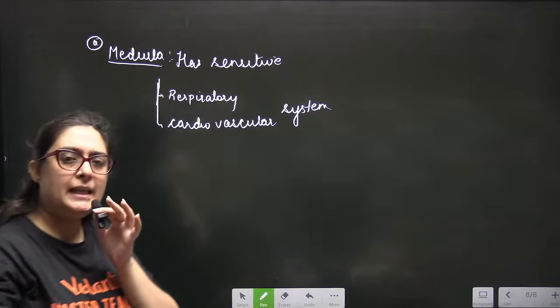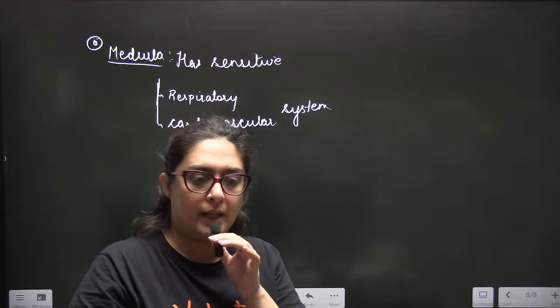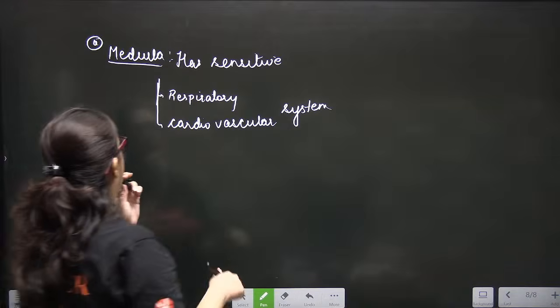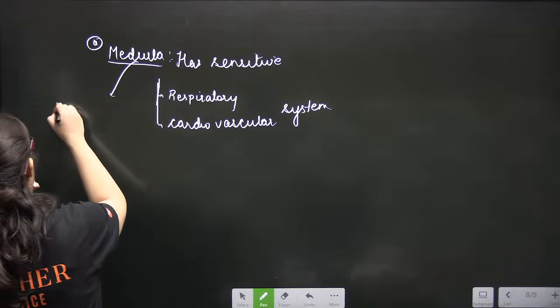Okay, so delicate systems are present in pons and medulla oblongata. Even medulla has the respiratory pneumotaxic center.